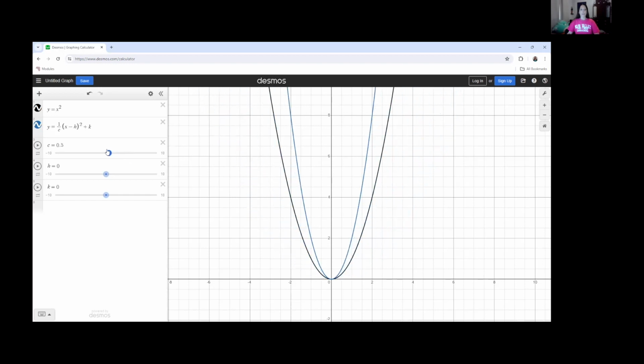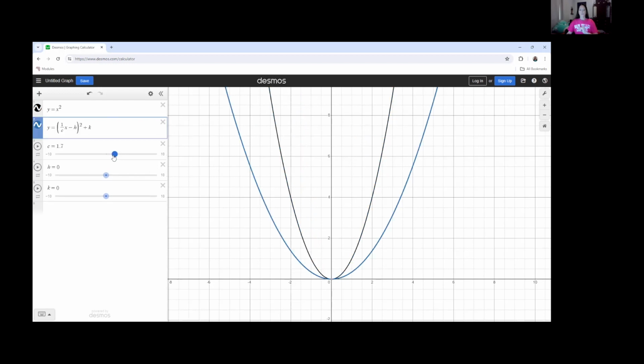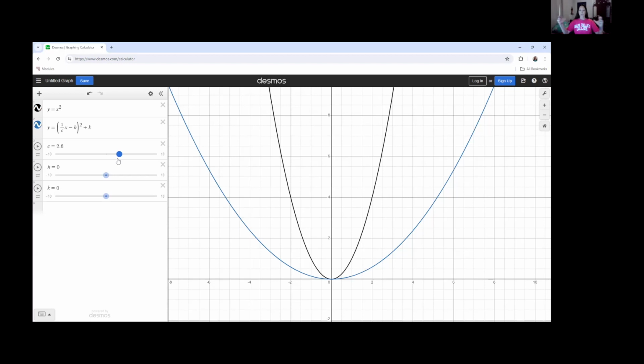I'm going to now shift the c onto the inside. And let's say I multiply by a larger number. I am compressing horizontally. When I have 1 over c, I'm stretching it horizontally this way.